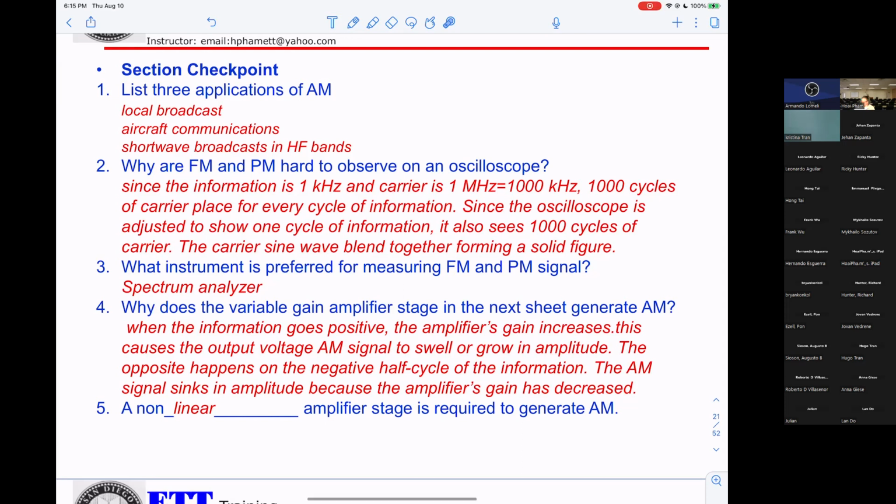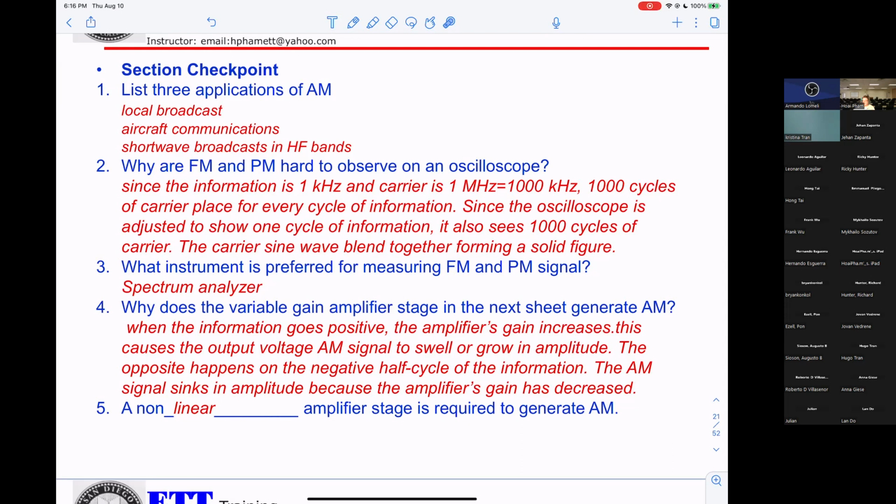The opposite happens on the negative half cycle of the information. The AM signal shrinks in amplitude because the amplifier gain has decreased. Okay, a non-linear amplifier is required to generate the AM.